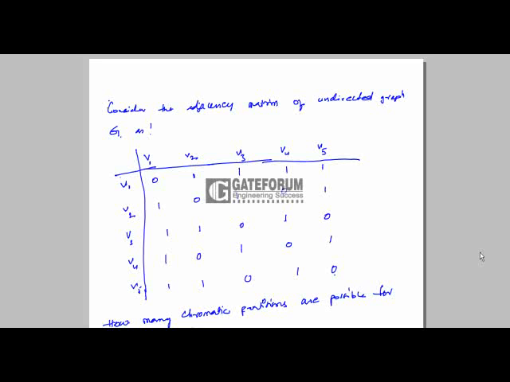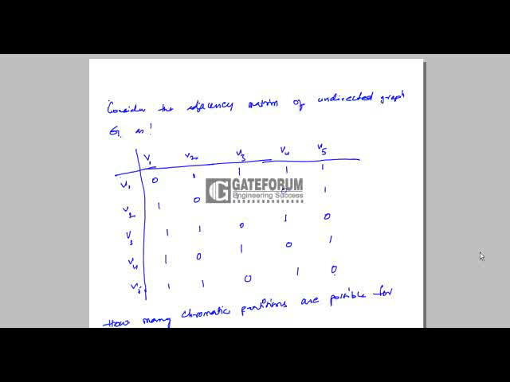Consider the adjacency matrix of an undirected graph G. How many chromatic partitions are possible for the graph G? Here the adjacency matrix of an undirected graph is given and we have to find the number of chromatic partitions which are possible for the given graph.